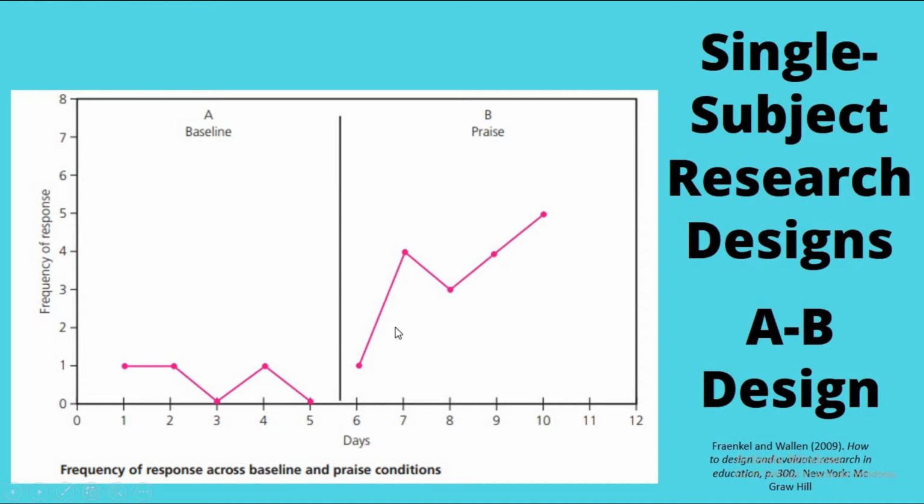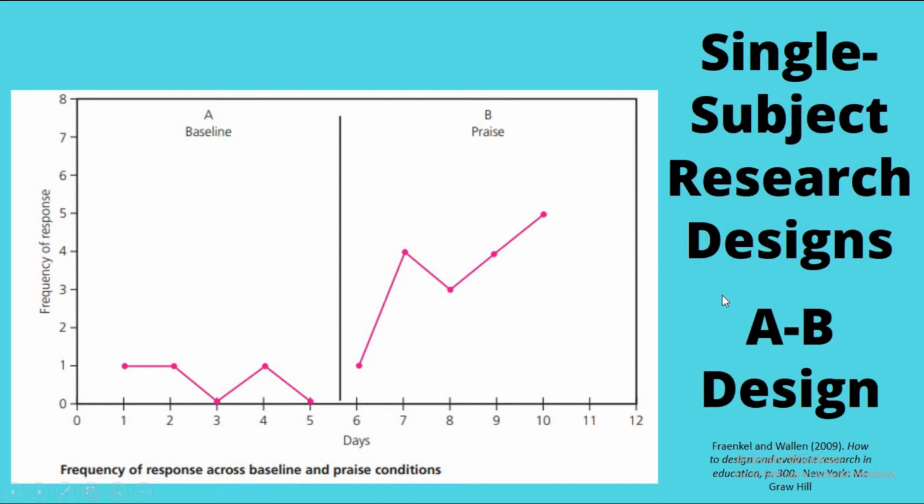If you notice, there are 1, 2, 3, 4, 5 observations that were made, and it was only in the 9th and the 10th that you can see that there seems to be a pattern already of response to the praise conditions. So this is an example of a very basic single subject research design in terms of baseline and intervention.